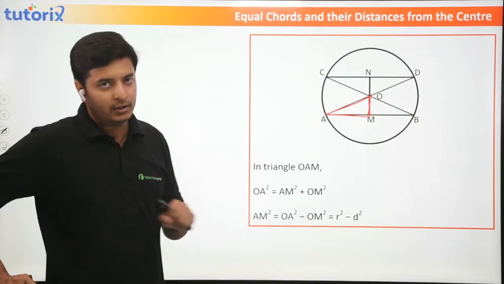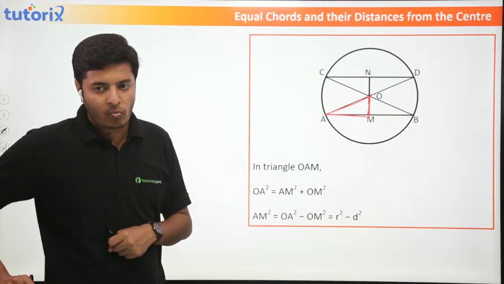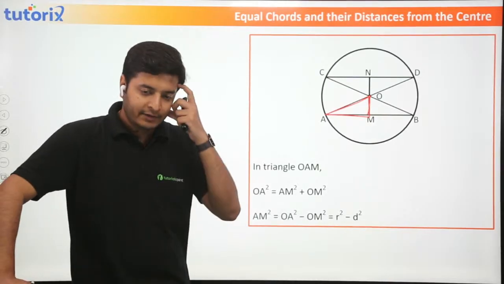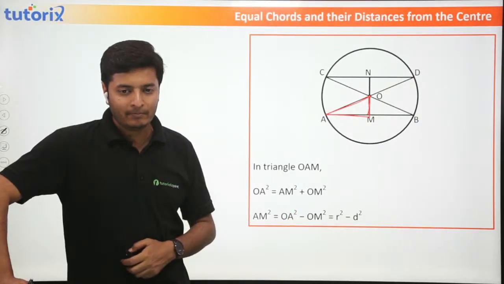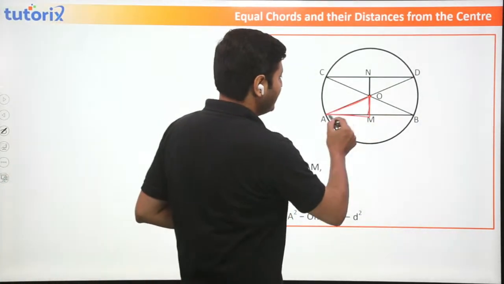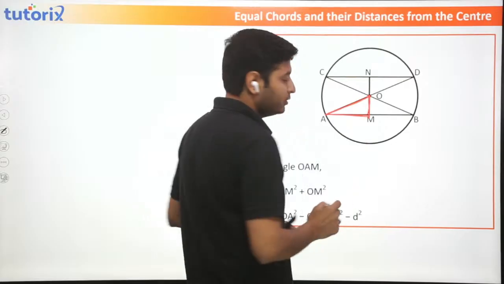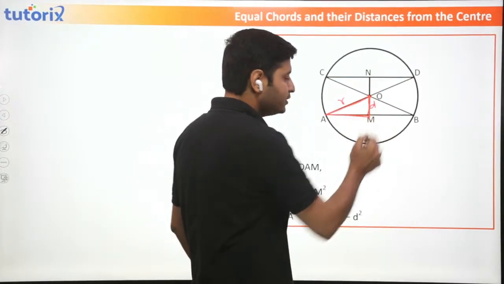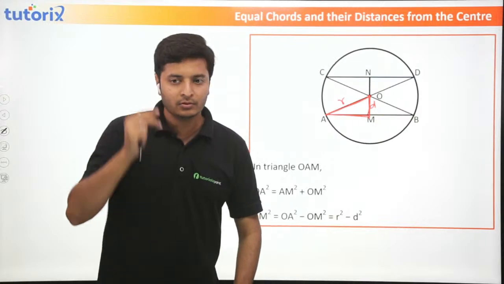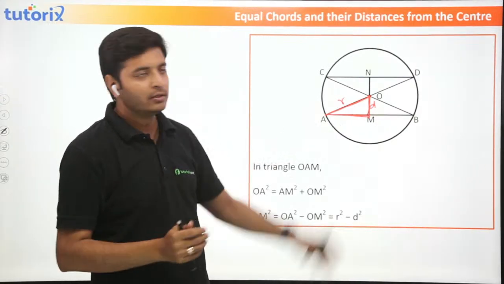Why are we going with AM only? Any idea? Why are we going with AM square as OA square minus OM square? Because out of these three sides, this is R, this is D. The values of these two are known to us, correct? Not the exact value, but we are using some variables.